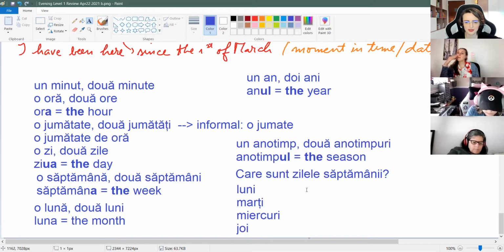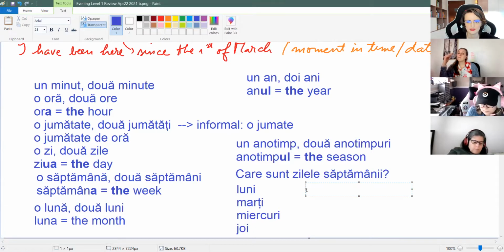După joi vine, after joi comes something with a V. I cannot remember now. Like the French vendredi. Do you remember? Vineri.